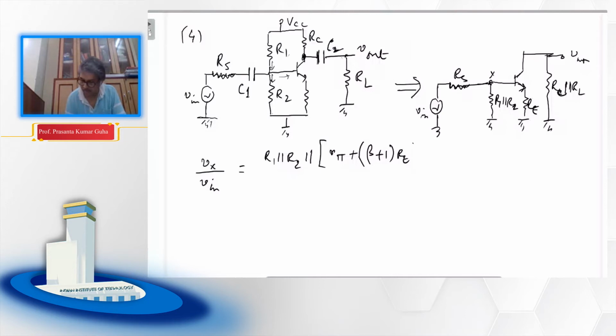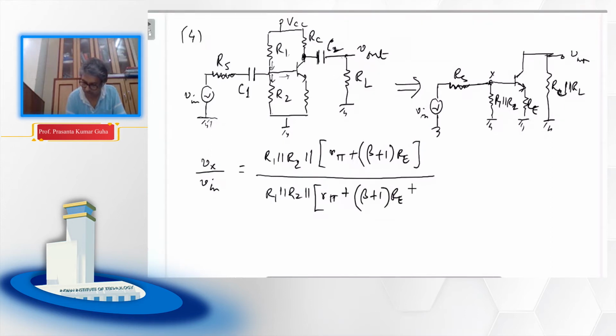So this is the effective resistance here, and another resistance is Rs. So that divided by R1 R2 parallel R pi plus beta plus 1 Re, plus Rs, right?